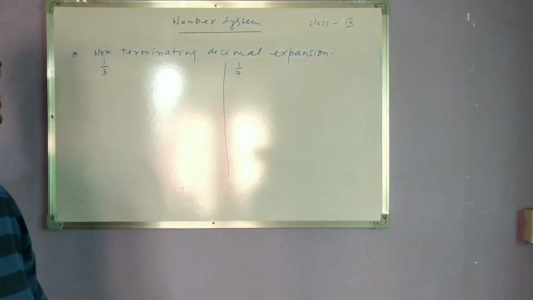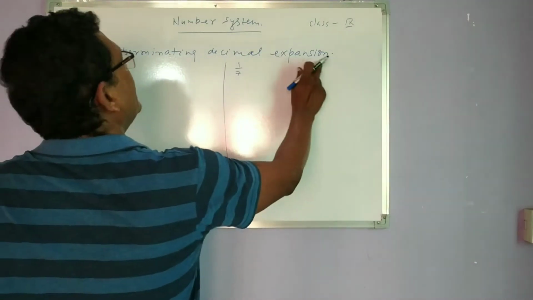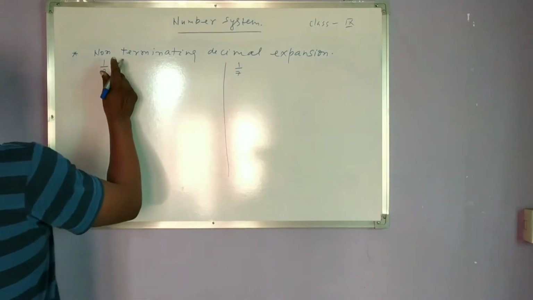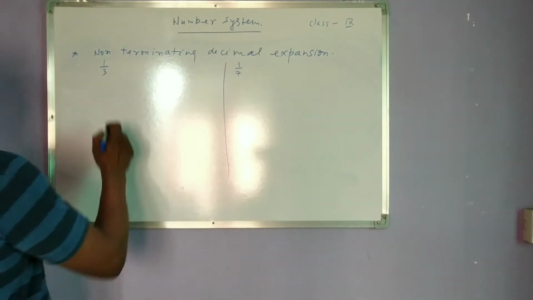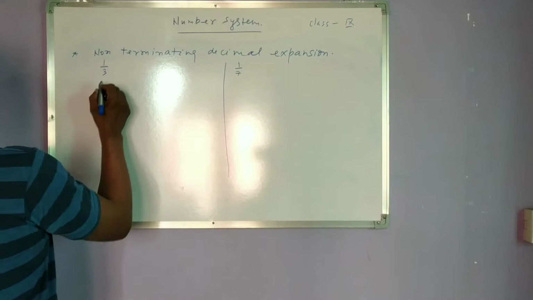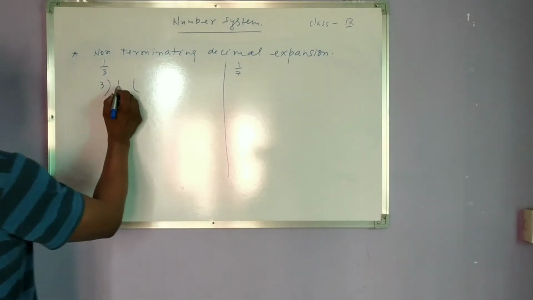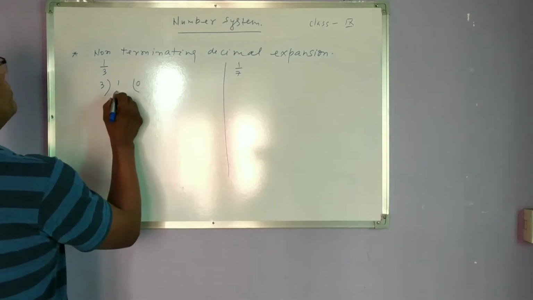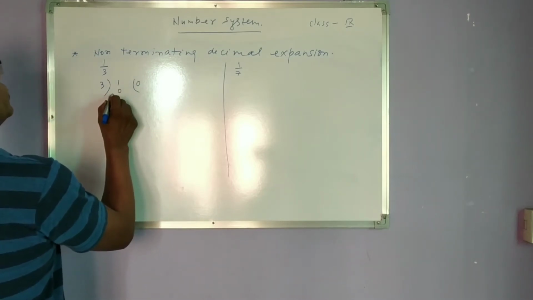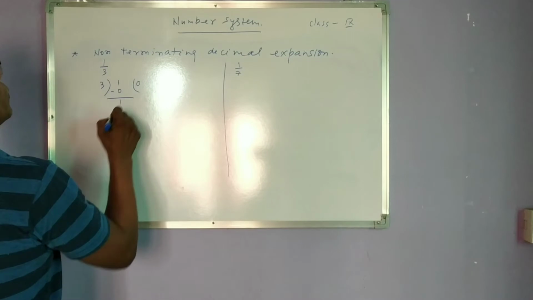Now I am going to discuss non-terminating decimal expansion. For this I have taken one example, 1/3. So divide 1 by 3. 1 is less than 3, so 0 times 3 is 0. Subtract, 1 minus 0 is 1.